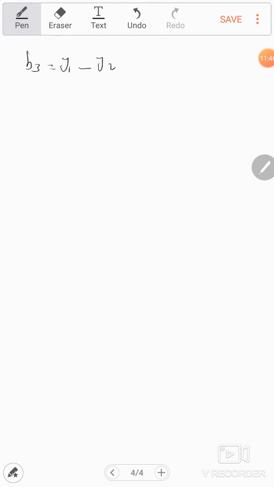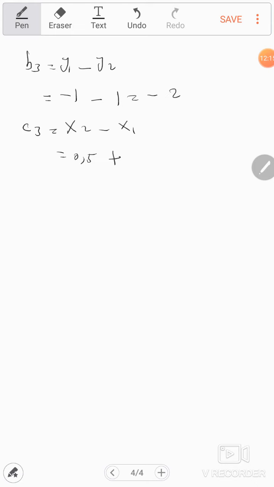If you check the criteria shape, okay, minus 1 minus 1 equals minus 2. c3 equals x2 minus x1 equals 0.5.